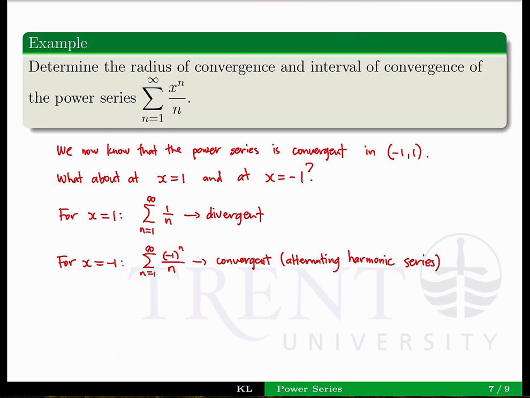But we also found out that your power series is divergent when x equals 1, but convergent when x equals -1. So finally, the interval of convergence will be -1 to 1, closed at -1, but open at 1. Okay?